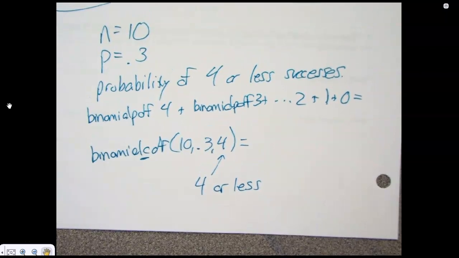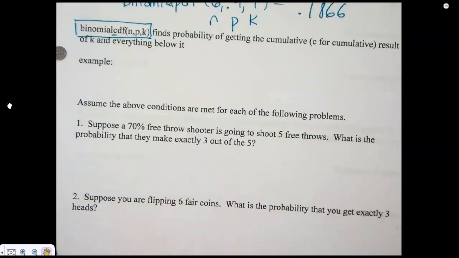You can get away with PDF until there are 25 trials and you need the probability of 10 or less successes. Then you have to do PDF of 10, 9, 8, 7, 6, 5, 4, 3, 2, 1, 0. It works, it just takes a while. It's still NPK. The only thing that changes is that C.